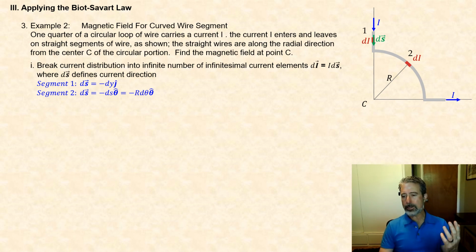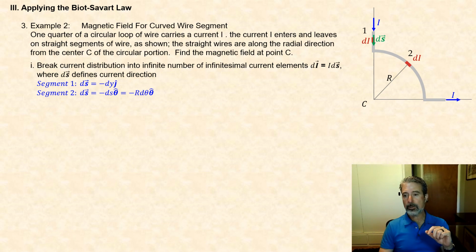You recall in your course on mechanics, we introduced this unit vector theta hat, and we said that by convention, positive values of theta hat would be tangent to the circle, but pointing in a counterclockwise direction. So because this current is traveling in a clockwise direction, that's where the minus sign comes from.